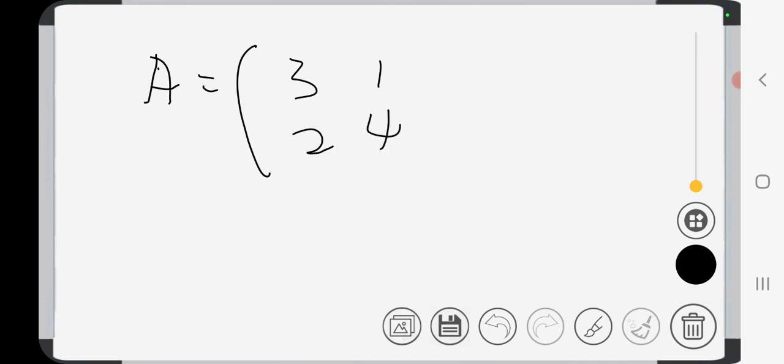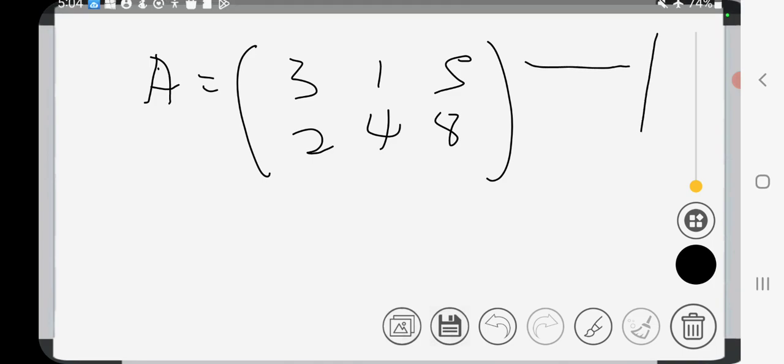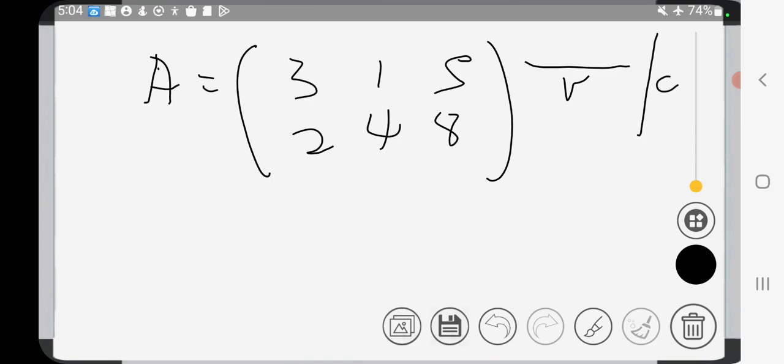Like for instance, let's say I have this particular matrix A. Now, if I want to find the order, I'll first of all find the number of rows. I'm talking about the horizontal lines, then the vertical lines, the number of rows and the number of columns.